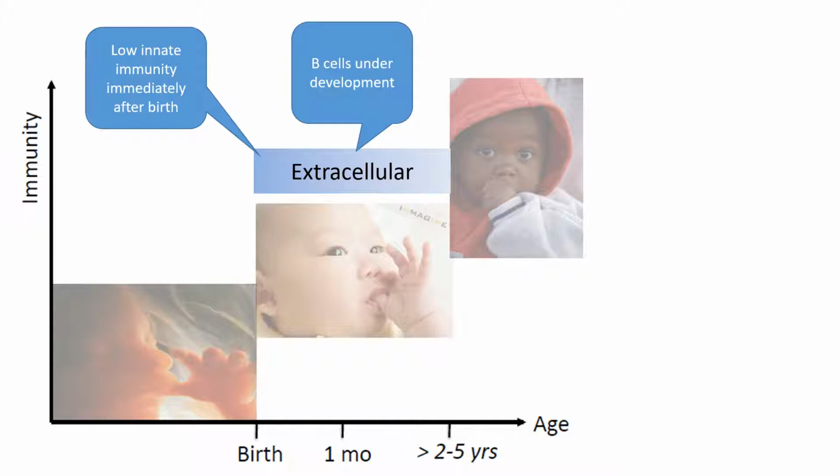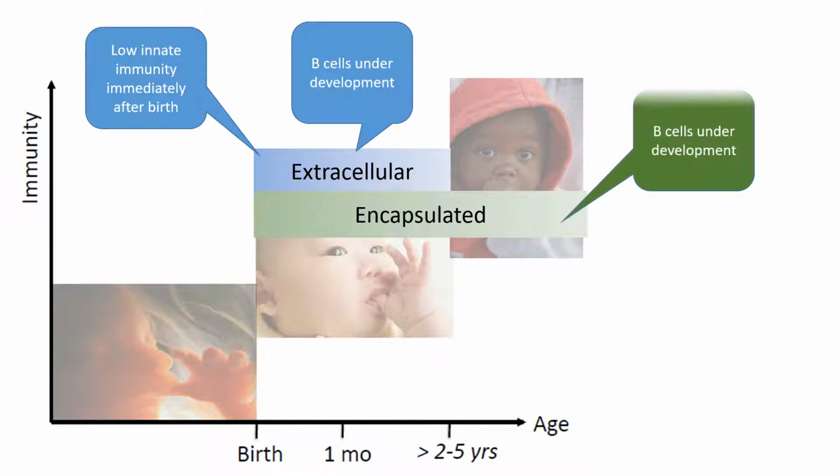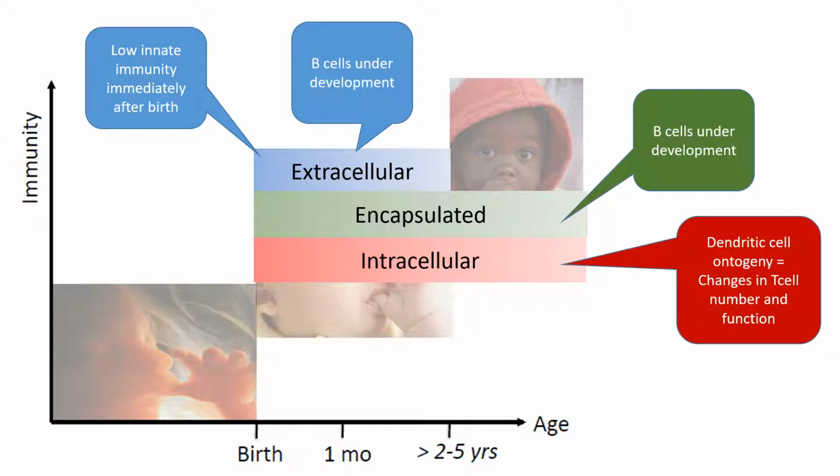You also have B cells that suggest higher risk for infection with extracellular bacteria for about 6 months, but for encapsulated bacteria for most of the first 2 years. Finally, changes in the T cell number heighten risk over the first 2 years of life with intracellular bugs, linked to the dendritic cell ontogeny.